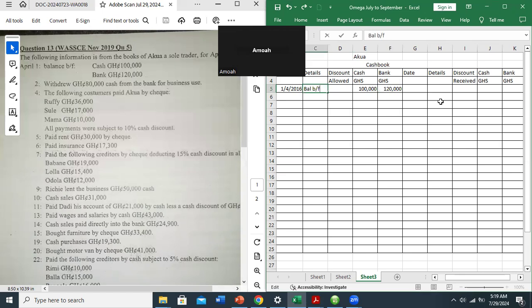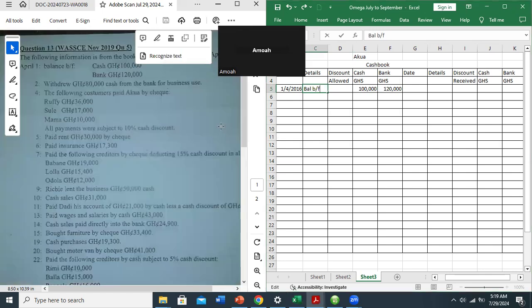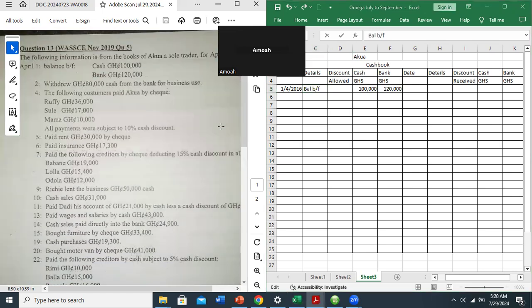We'll go to the second. We drew 80,000 cash from the bank for business use or office use. So there's a contra. So we are going to debit cash and credit bank. We withdrew cash from bank.